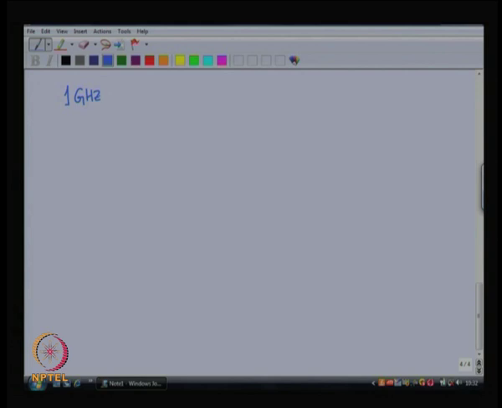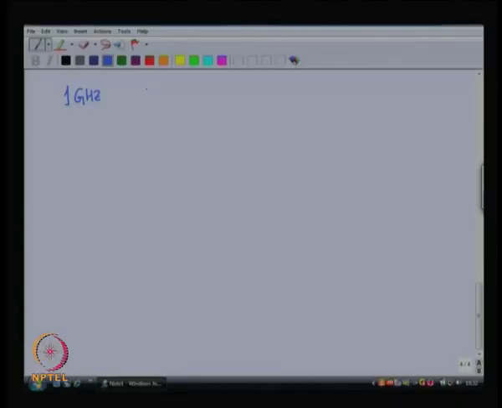Now, if I am listening and I am not sure about what exactly 1 gigahertz is, I think that 1 gigahertz of the base station is actually 1 gigahertz plus 1 hertz. So, instead of generating 1 gigahertz, I am generating 1 gigahertz plus 1 hertz. So, I am off in frequency from the base station.